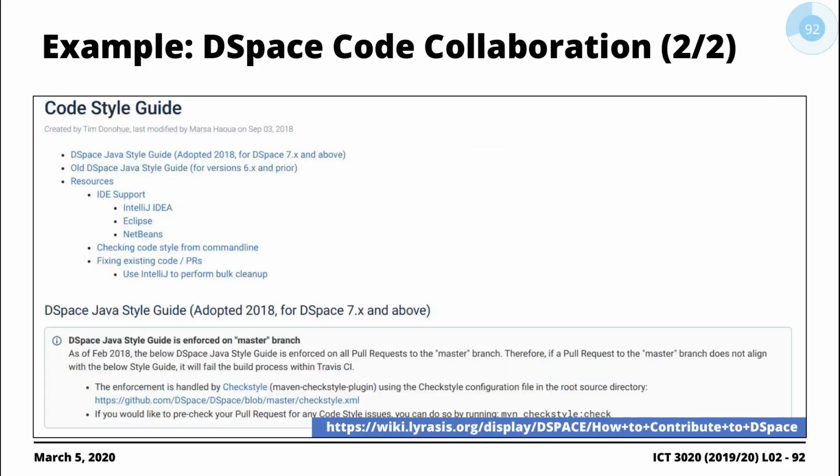Right. So for DSpace, I thought I would highlight the fact that there's a coding style, right? Specific details on how you write these different pieces of software. It just so happens that DSpace is implemented using Java. If you're interested, I do encourage you to go to this URL to go and look at details associated with the coding style, the DSpace coding style.